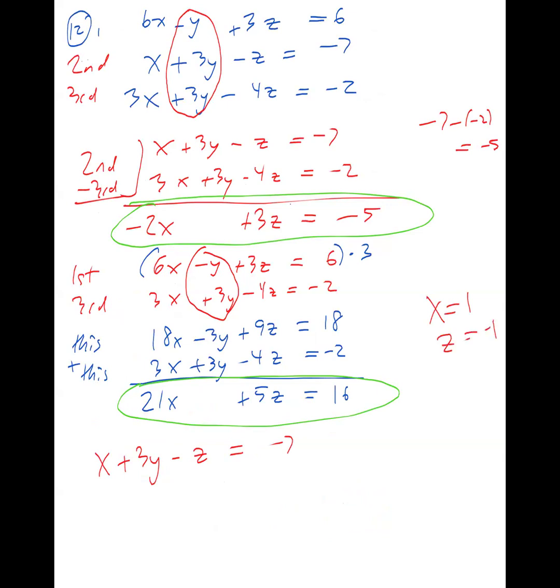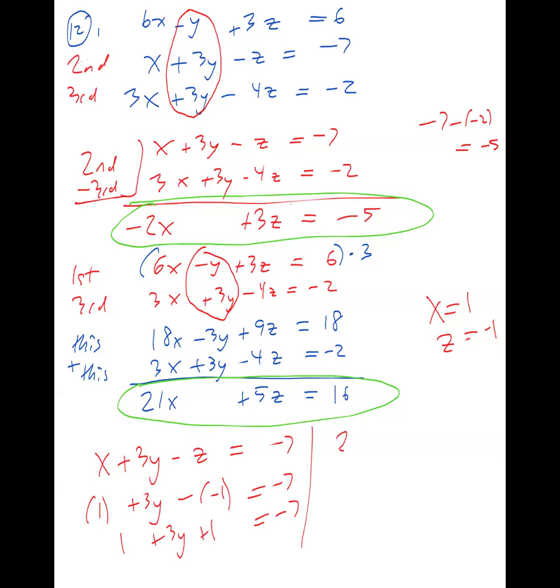So for x, I'm going to plug in 1, and then for z, I'm going to plug in negative 1. And then what's negative times negative 1? Positive 1. So it's 1 plus 3y plus positive 1 equals negative 7. And what's 1 plus 1? Good job.